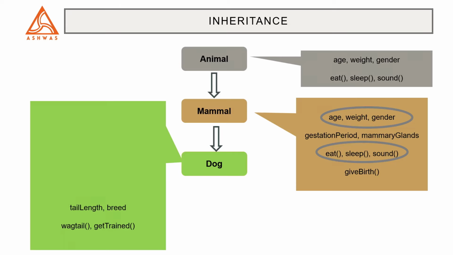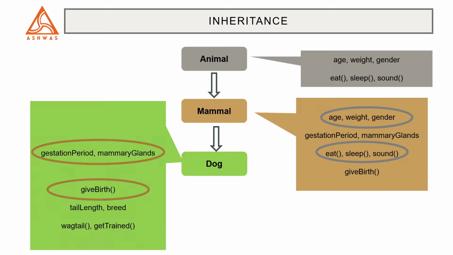So, dog class stands to inherit from the mammal class as its immediate superclass, and from the animal class as its superclass. And now finally, when dog joins the hierarchy of classes through inheritance, this is how the dog class object looks.